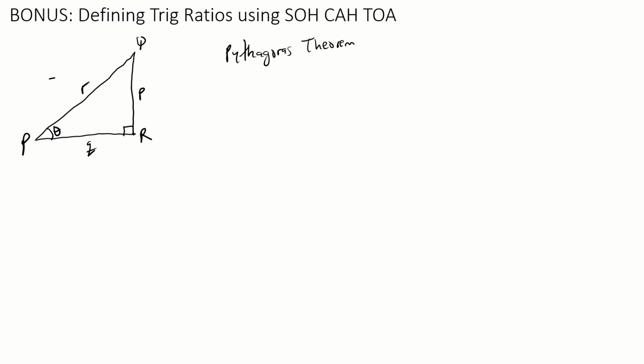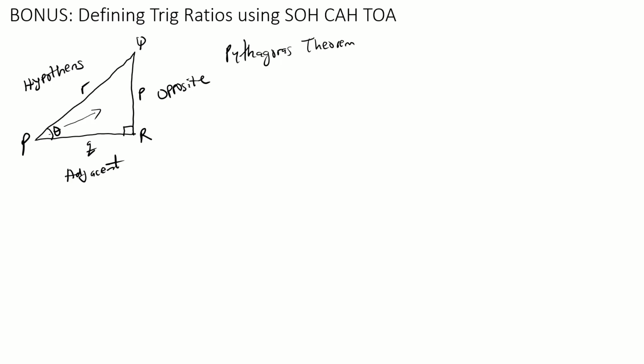The side the angle is facing, just like this angle is facing this side, is called the opposite. And the third side is the adjacent. So we have the hypotenuse, the opposite, and the adjacent.